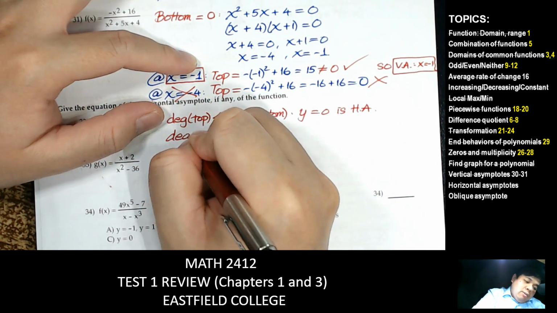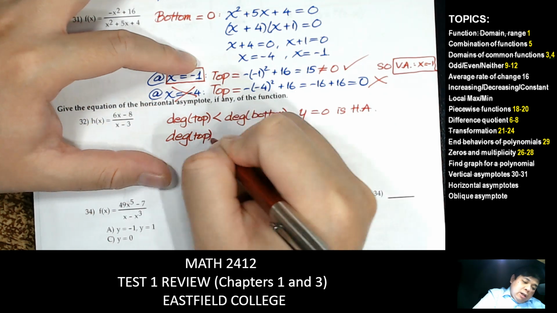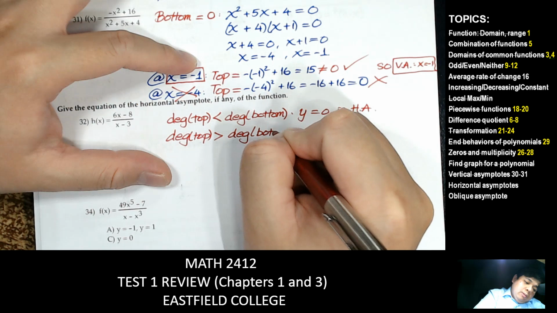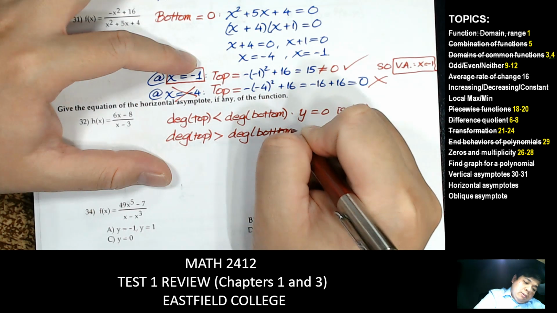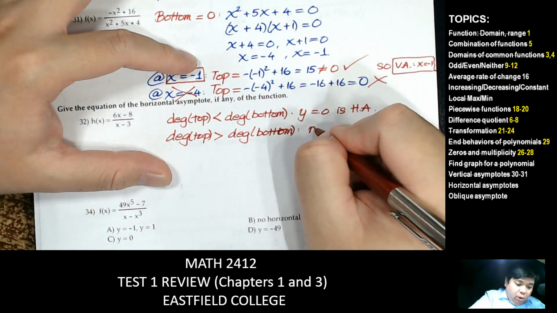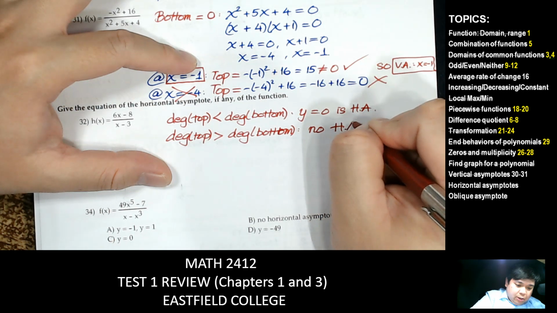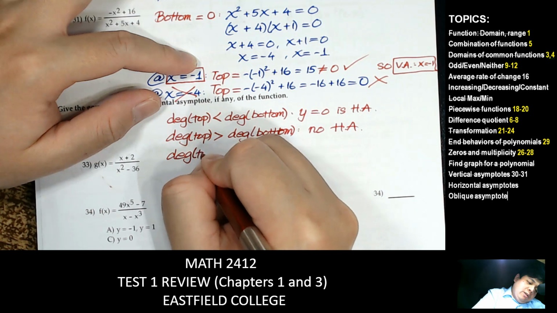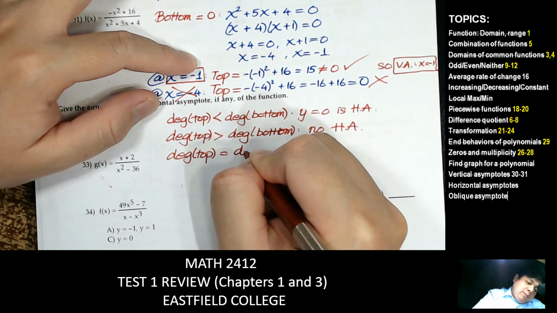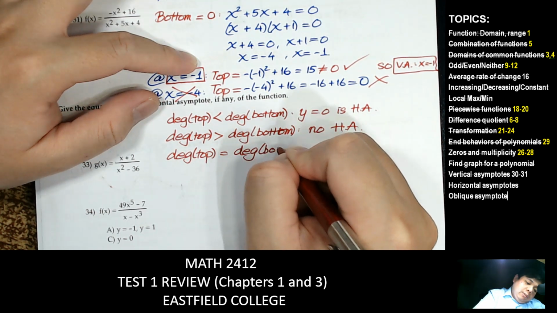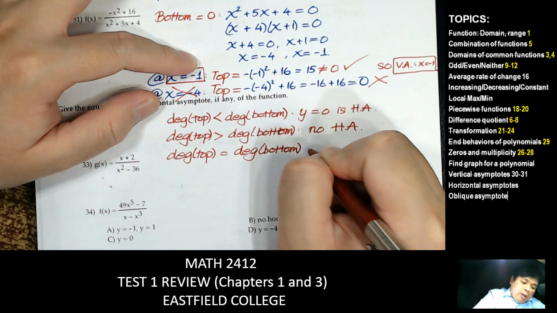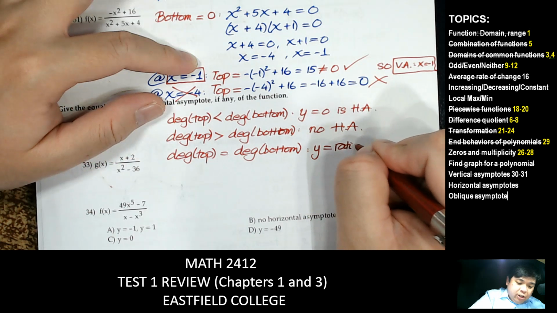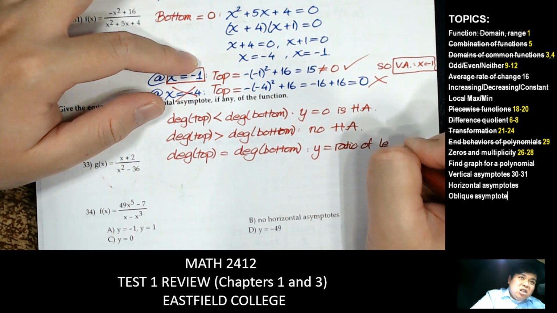If degree on top is bigger than degree at the bottom, there will be no horizontal asymptote. And if the degrees are equal, we take y equal to the ratio of the leading coefficients, or the leading terms.